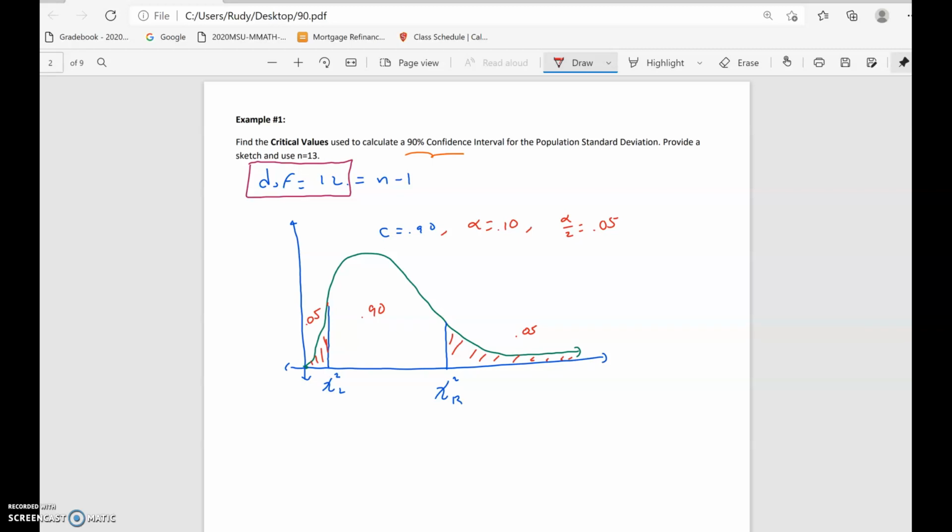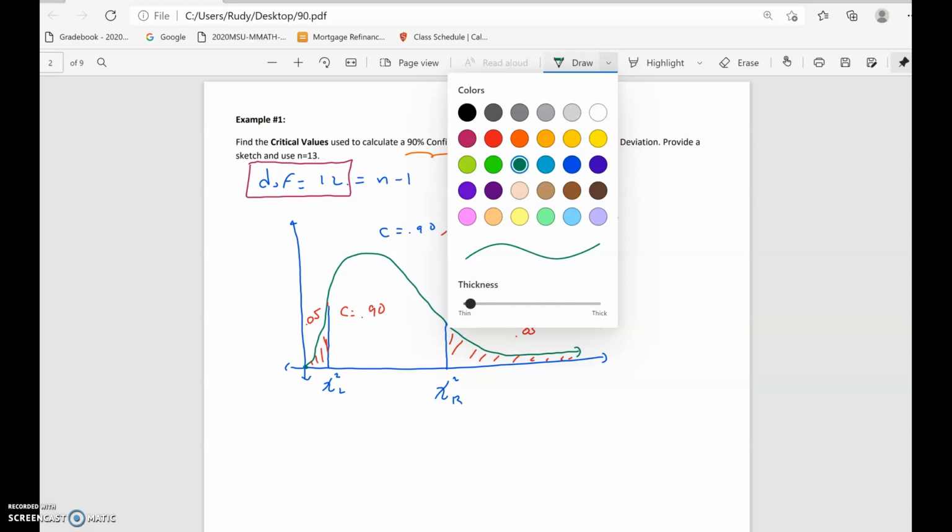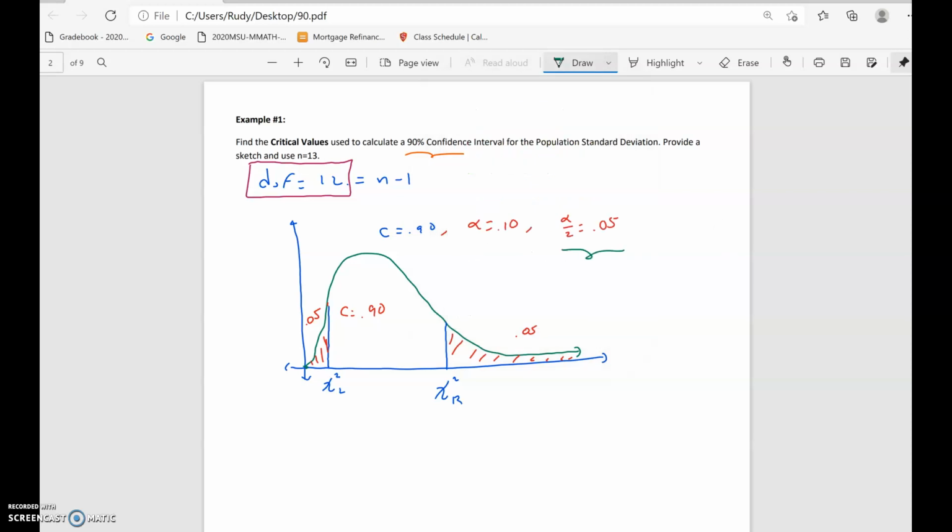So we're still placing C in the middle, and then your actual tails are going to have the same value, which in this case, since we're doing a confidence interval, is alpha divided by 2. It's going to be different for the hypothesis test, but in this case, we have the same format: C in the middle, and the two tails represent the values of alpha.